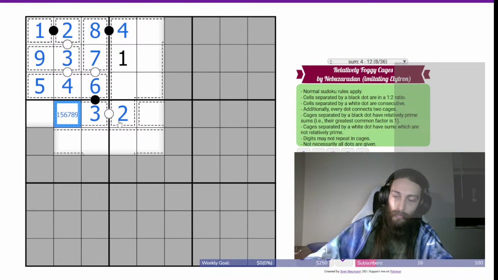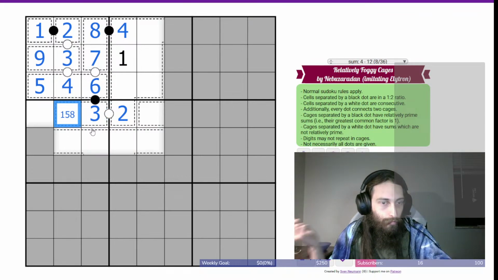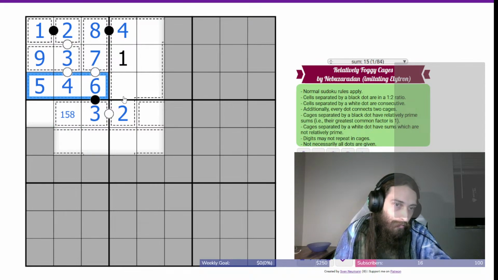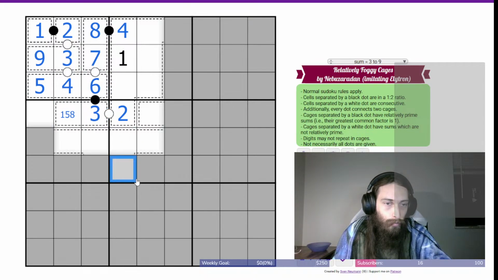But I can't do 6 or 9 because that would make it a multiple of 3. I can't do 7 because that would be a multiple of 5. But 15 is only 3 and 5. 4, 8, and 11 don't have prime factors of 3 or 5 in them. So that should be enough to make sure that that's fine.